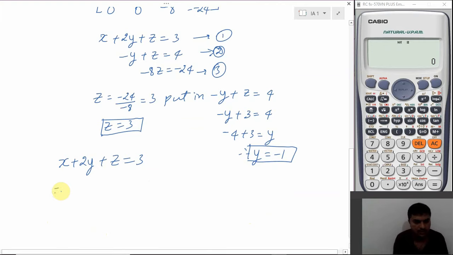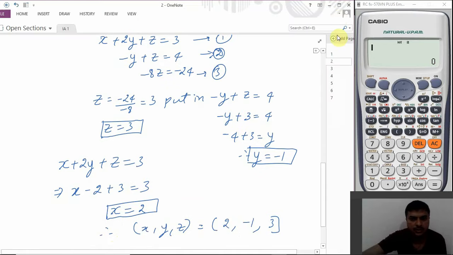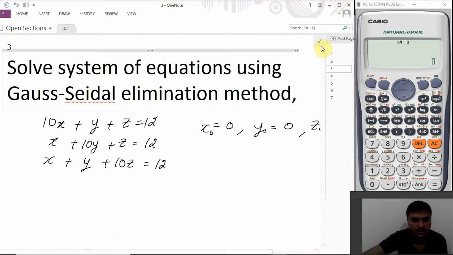So you can see, x minus 2, yes, y is -4 plus 3 is equal to 3, or x, easily if you take this on that side, you should get the value 2. That's it students, x, y, z values are calculated. Therefore the answer x, y, z is equal to 2, minus 1, 3 is the required answer. Like this, you should be able to simplify quickly. Next, go to the next question, student.